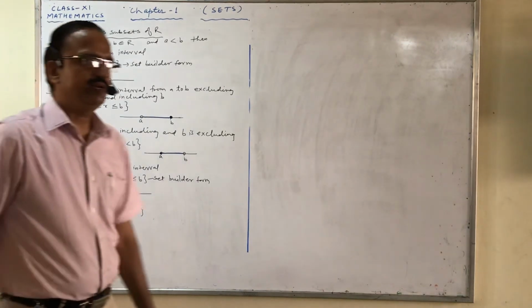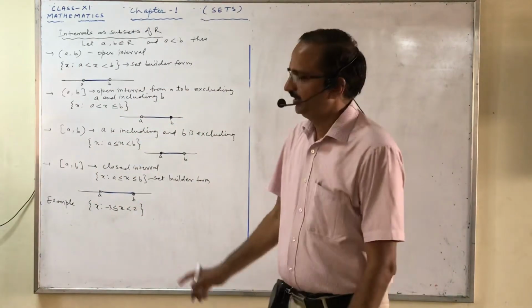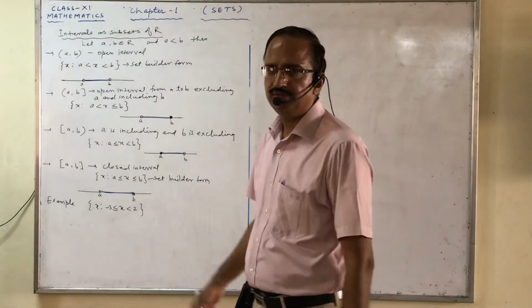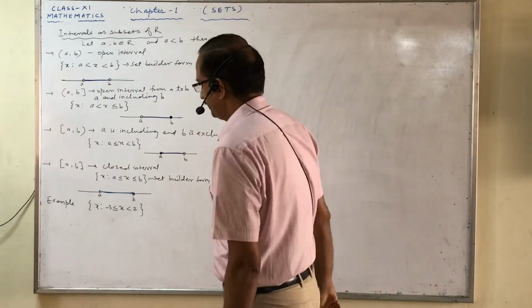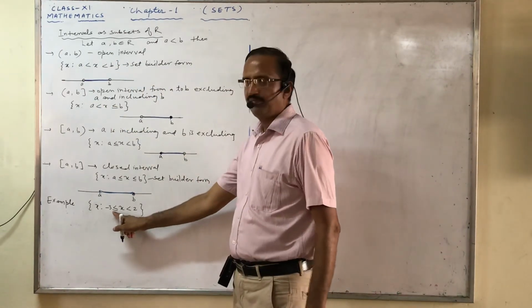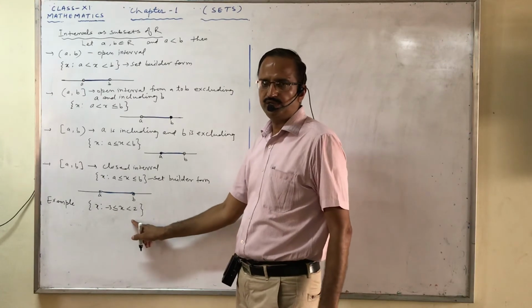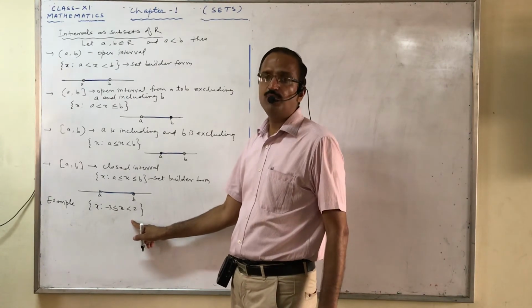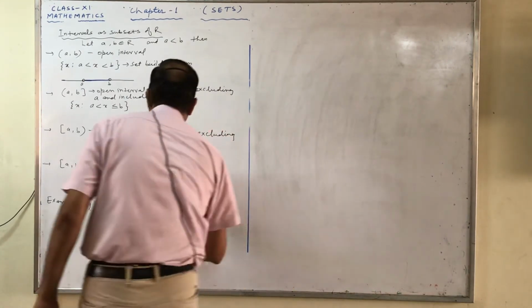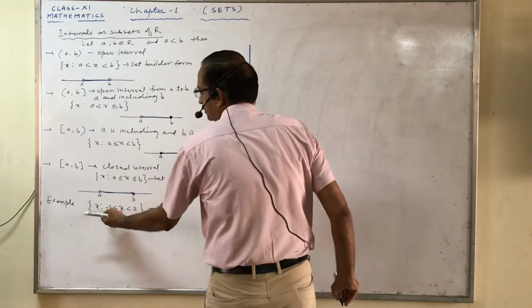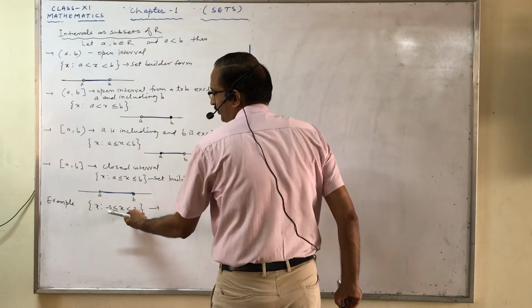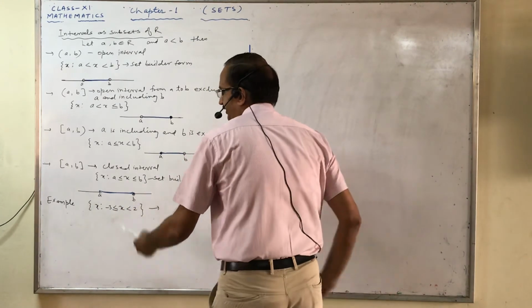So this is the set builder form, and we have to write this in the form of intervals. Now since only -3 is included, this is not included, so we can write this as closed from left and open from right.